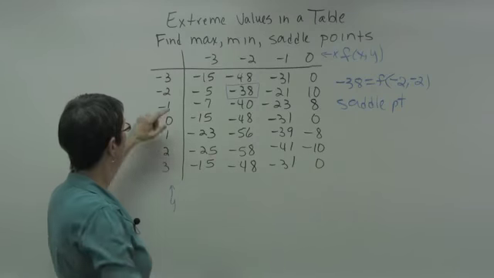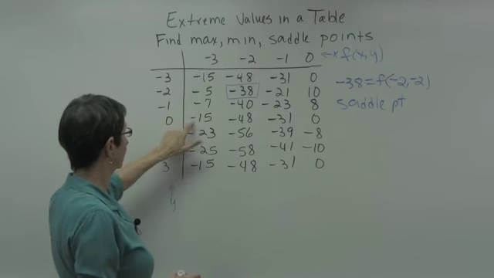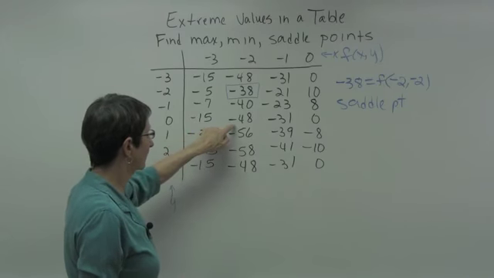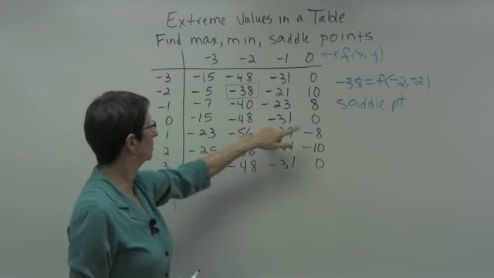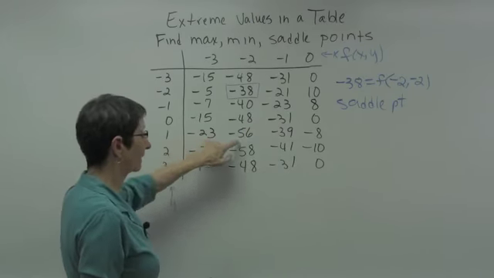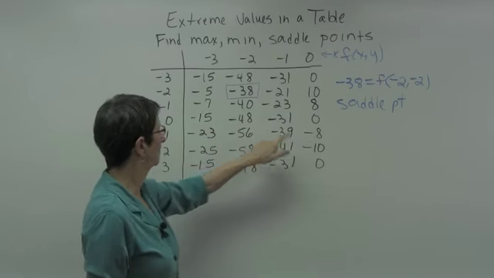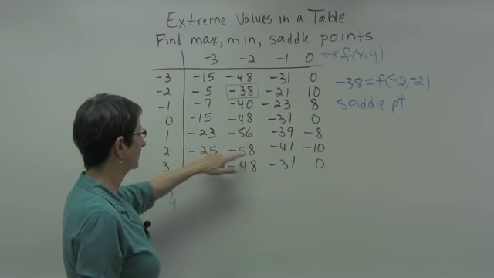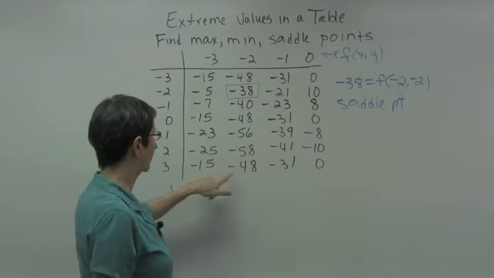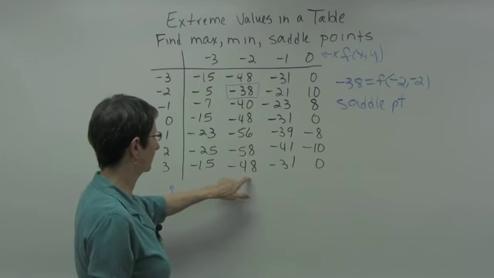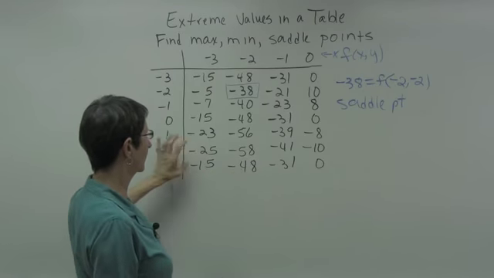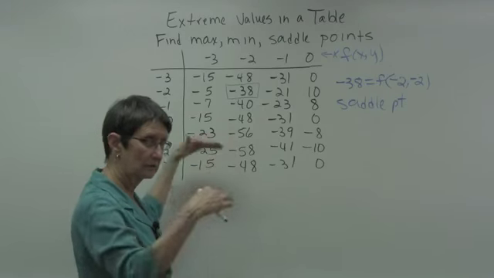Let's keep looking. Let's move down again. Negative 15 down to negative 48, back up to negative 31. Negative 23 down to negative 56, back up. Negative 25 down to negative 58, back up. Negative 15 down to negative 48, back up. Okay, it looks like we're still going down to minimums here.